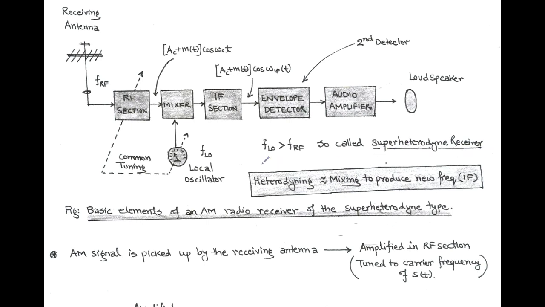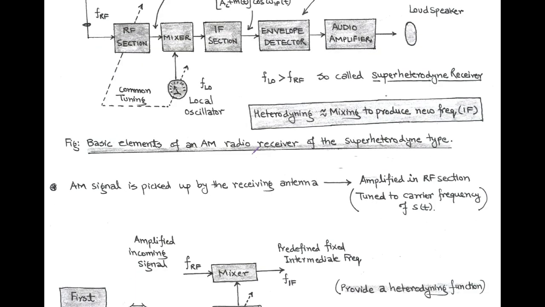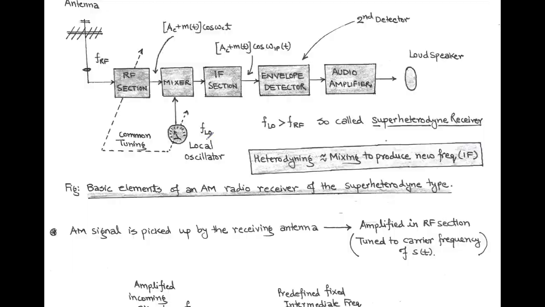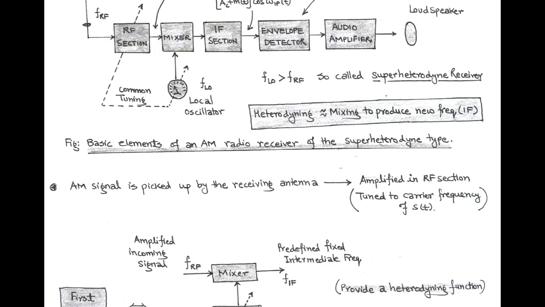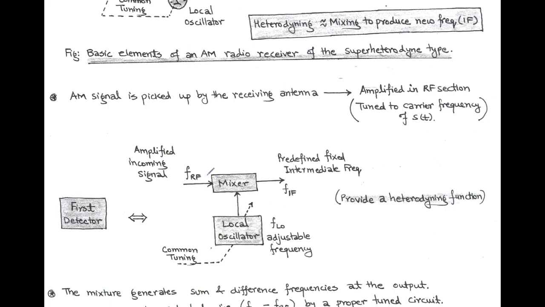Now we discuss the first part of the superheterodyne receiver, that is called the first detector. It is composed of a mixer and a local oscillator. The local oscillator has a common tuning with respect to the carrier frequency of the modulated signal or AM signal. One input of the mixer is the amplified radio frequency, that is FRF.